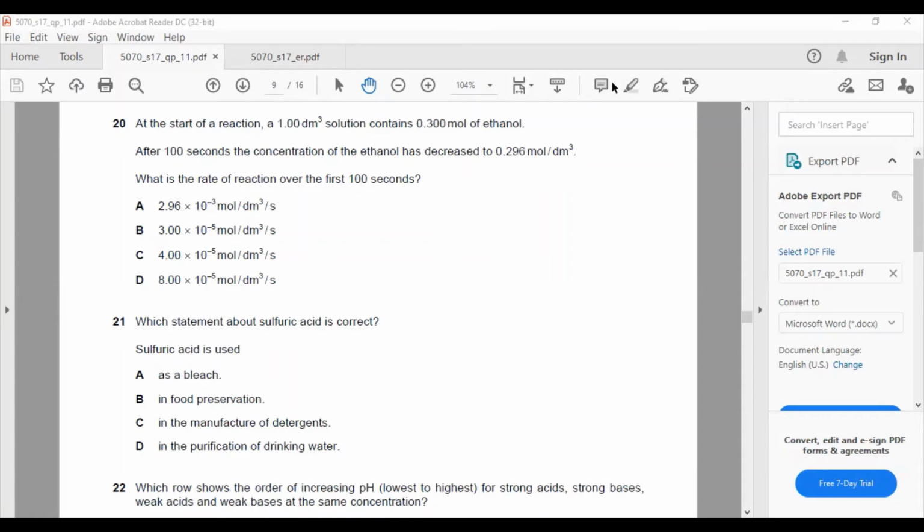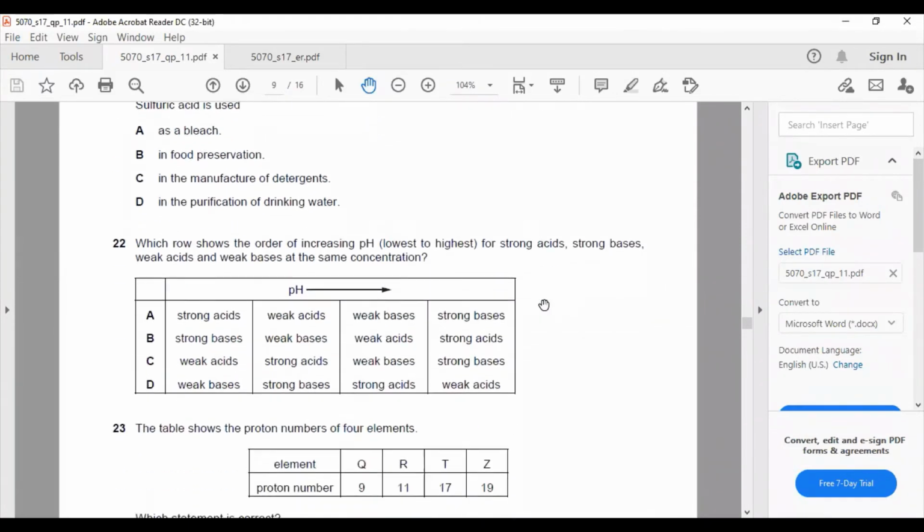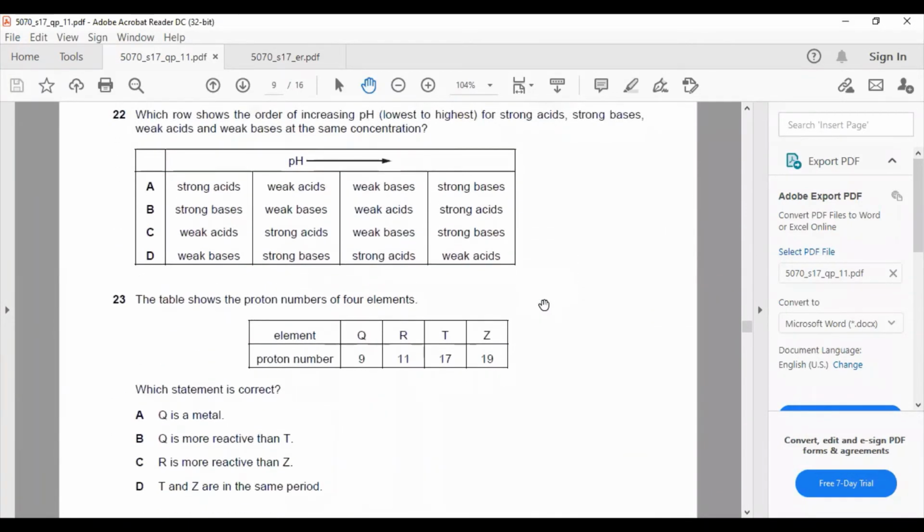Now, question 22. Question 22 is about acid base. So, you know, there's a rule: stronger acid, lower pH.